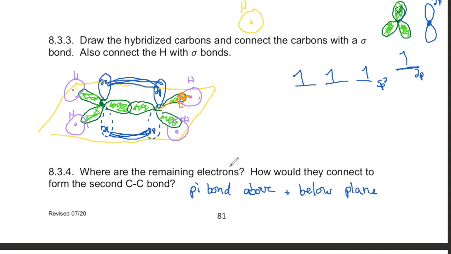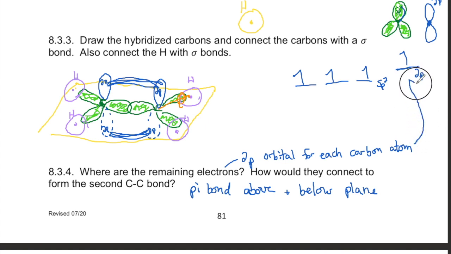So the remaining electrons are in the 2p orbitals. So each carbon atom has a 2p orbital. That's where those remaining electrons are, like the energy diagram shows. And the way they connect to form a double bond, or the second carbon-carbon bond, is a pi bond. It's above and below the plane where the sp2 orbitals are.